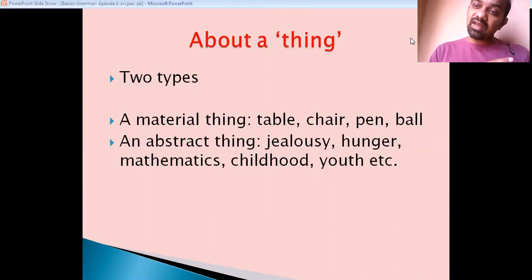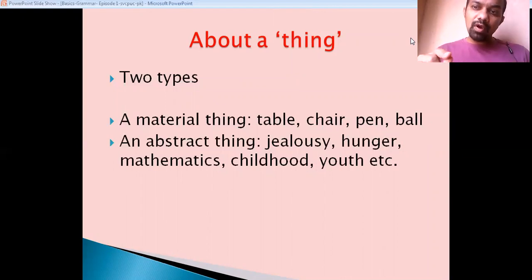An abstract thing, something you cannot really see, but you can feel: jealousy, hunger, mathematics, childhood, youth.